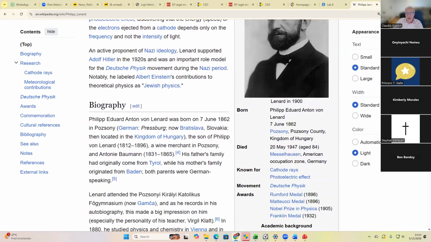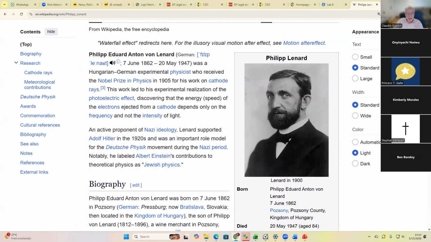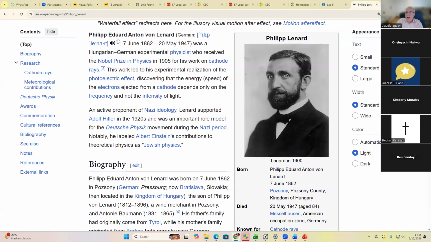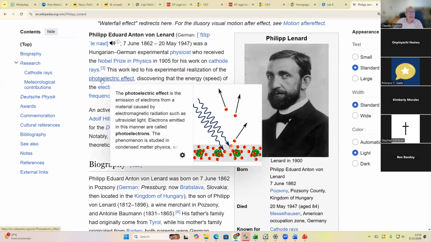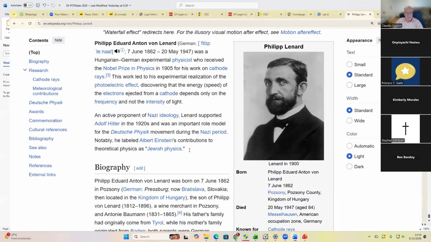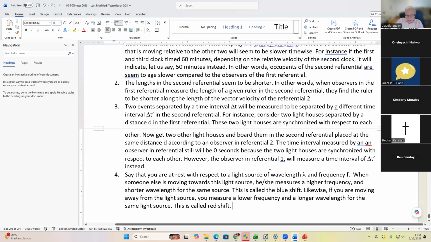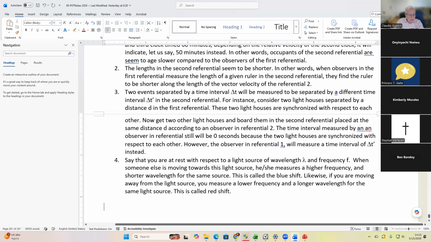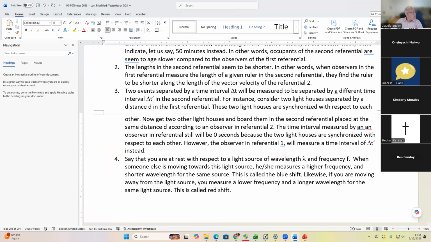The same guy that criticized Einstein had this Nobel Prize cited for the same contribution. So those are lessons that history teaches us.